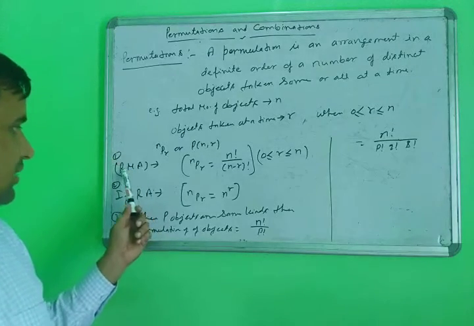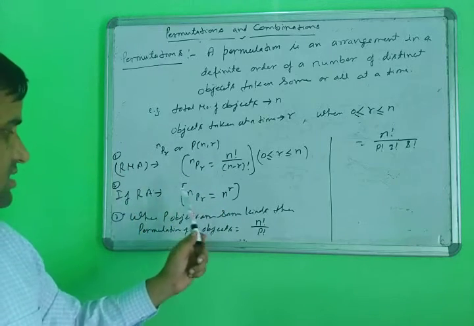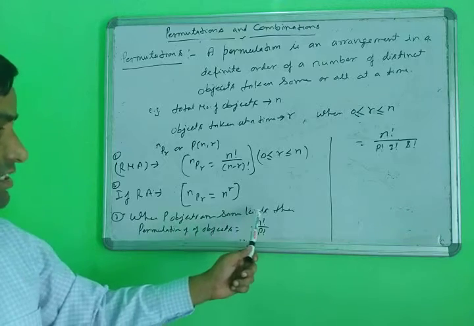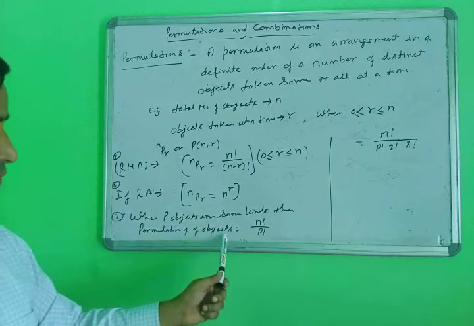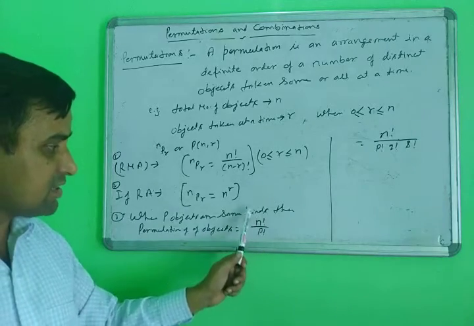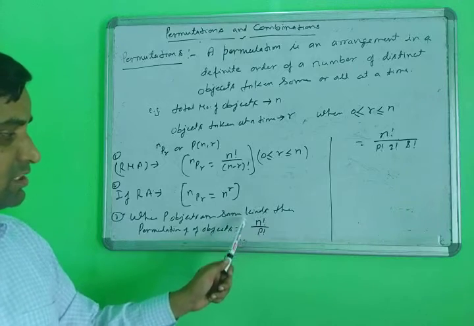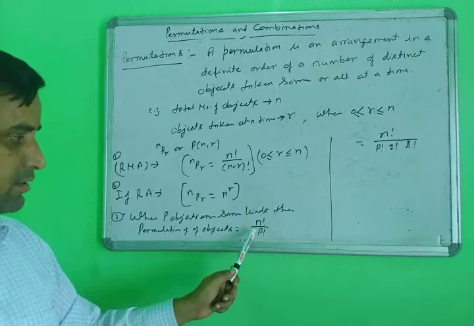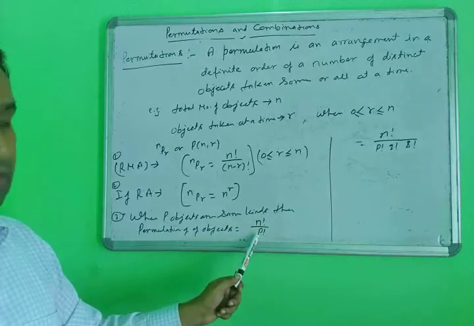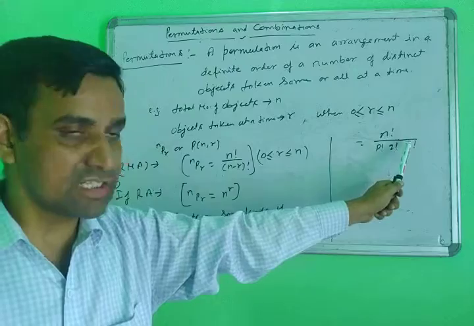Suppose repetition is not allowed, then write this; if repetition is allowed, then this. When P objects are of the same kind, the permutation of the objects is factorial n upon factorial P. But this condition sometimes changes: suppose P kind things are repeating, Q kind things also repeating, and S kind things also repeating.